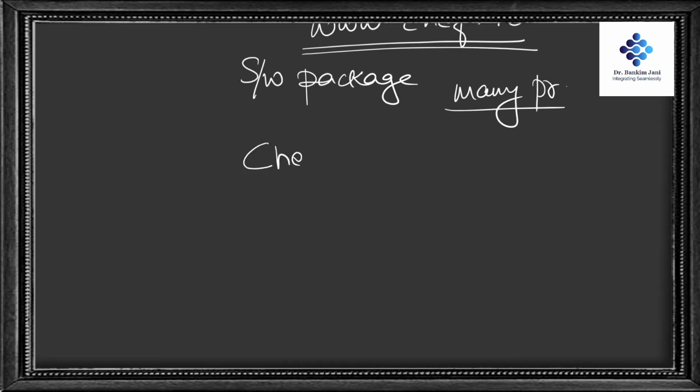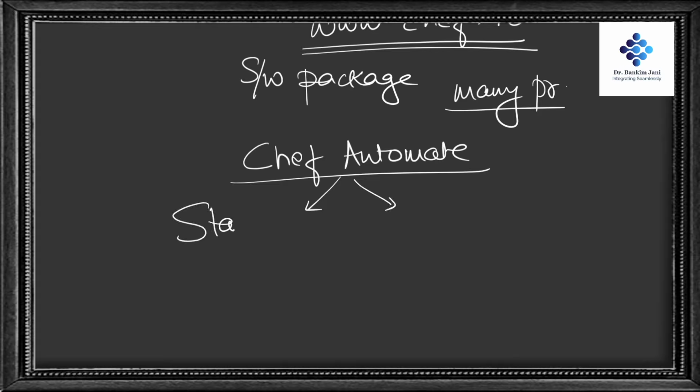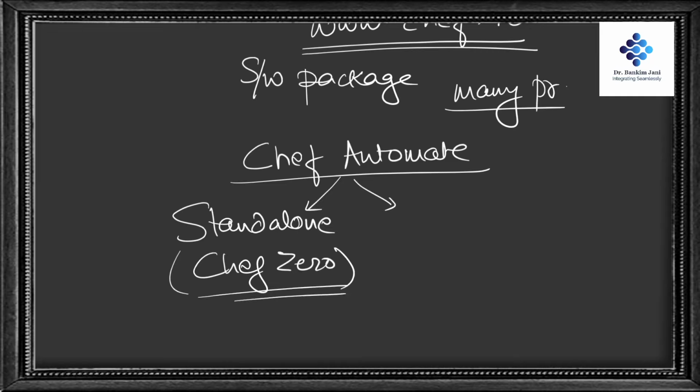It is the Chef Automate. This is their flagship product, their main product. It is available in two forms. One, if it is standalone, they have named it Chef Zero. The second product is based on client server.